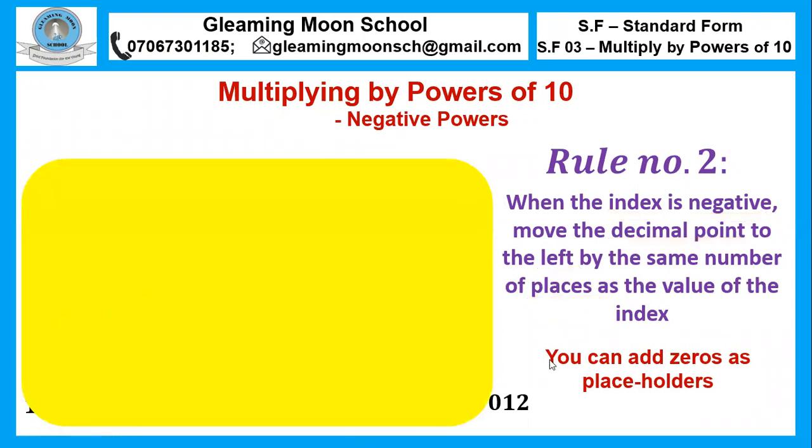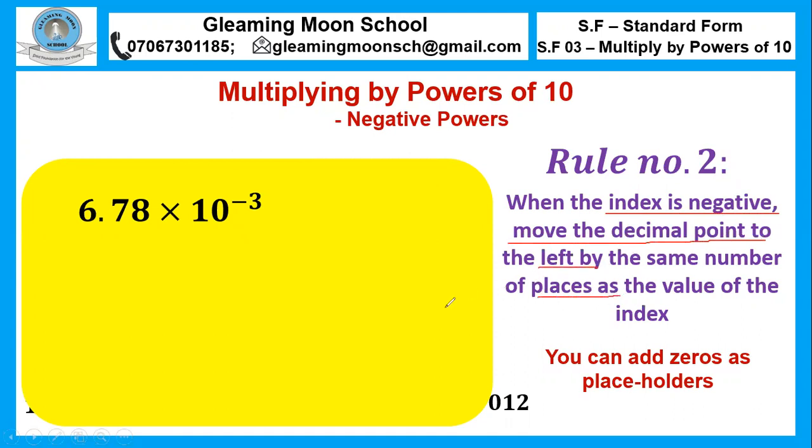Let's clear these drawings. Okay. So now, let's say we have 6.78 times 10 raised to the power of minus 3. Okay. So you have your decimal point here. Let's look at it. The index is negative, right? So we have a negative index here. We need to move the decimal point to the left.